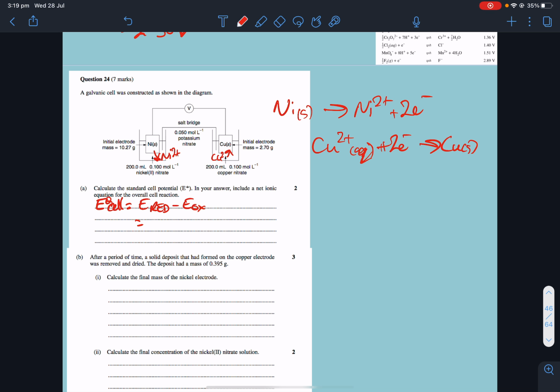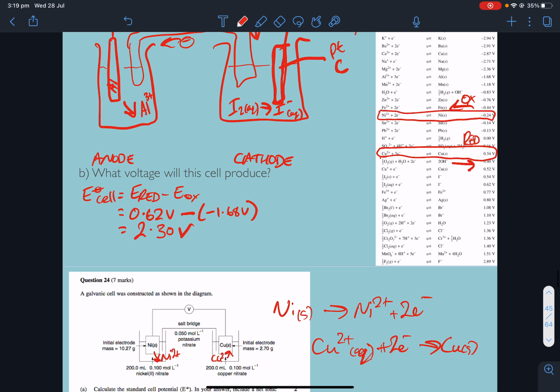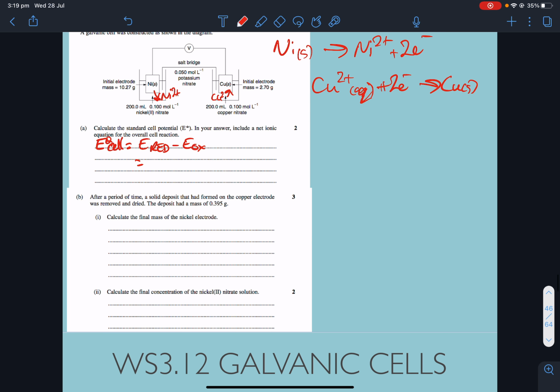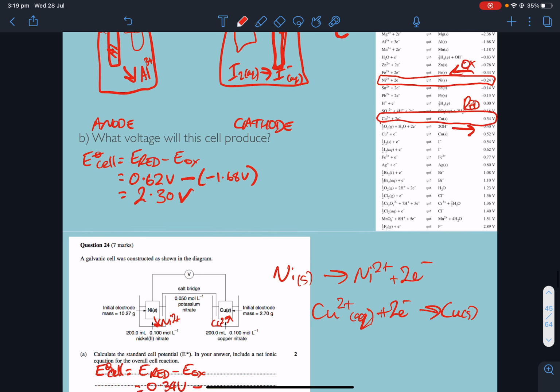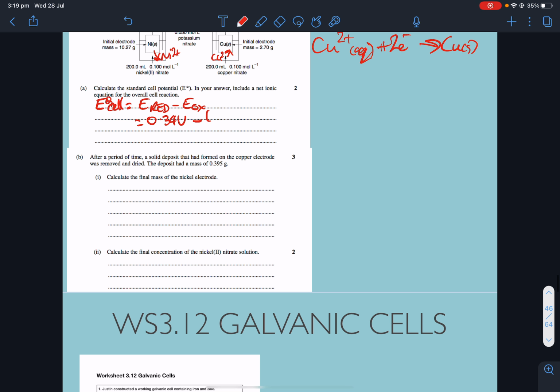Our reduction is copper 0.34 minus our nickel negative 0.24. So that's 0.58 volts, isn't it?